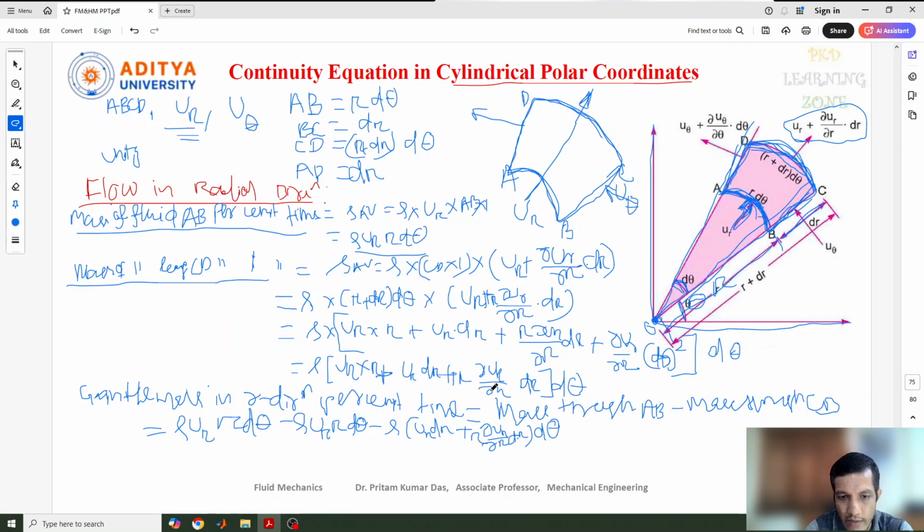This is the equation I have written here; I just copied the same equation. Now if you see, this equation is going to cancel here.